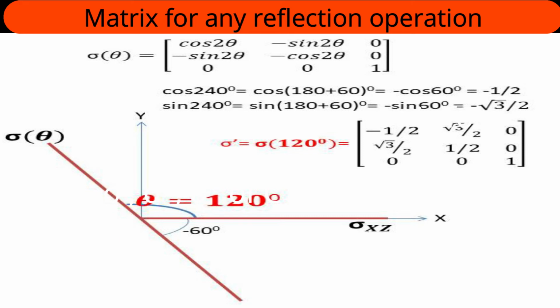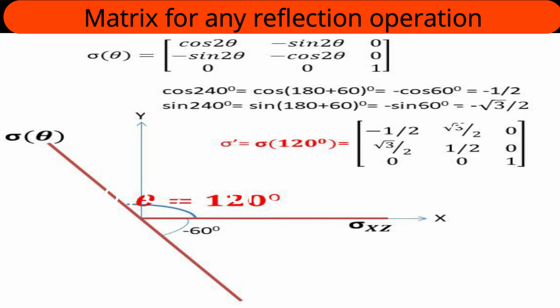See here, theta is equal to 120 degrees, then 2 theta is equal to 240 degrees. What are our values for the cos and sine functions for that angle? Cos 240 degrees means cos of 180 plus 60. 180 degrees means the axis is not changing, so the function will not change.